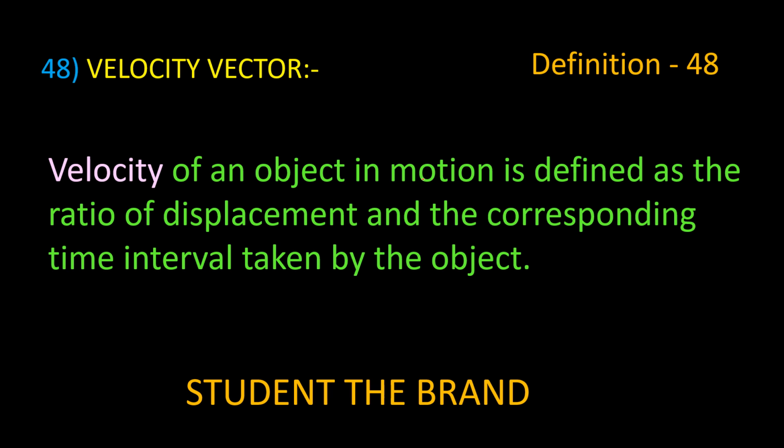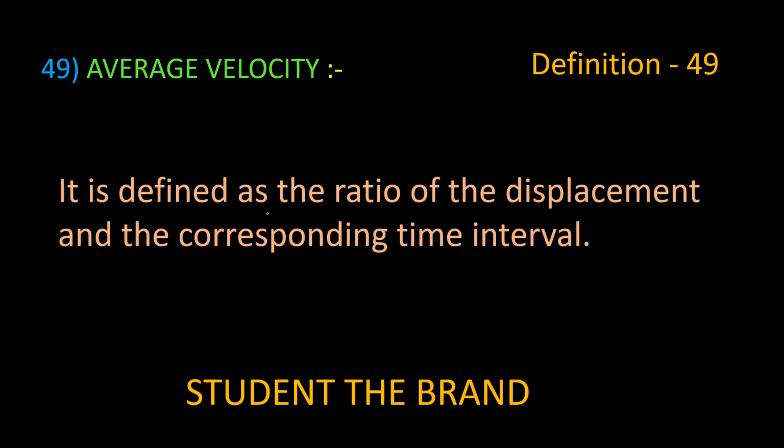Velocity of an object in motion is defined as the ratio of displacement and the corresponding time interval. That is called the velocity vector. Average velocity is defined as the ratio of displacement and the corresponding time interval, displacement by time taken, so the same thing applies here.